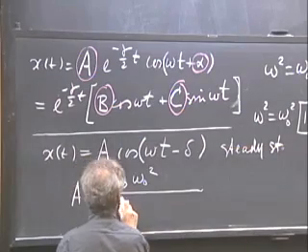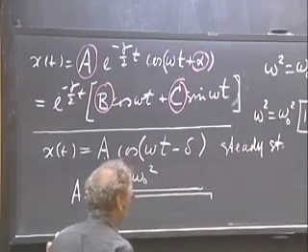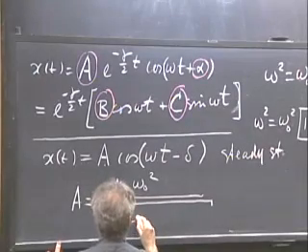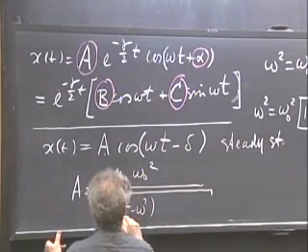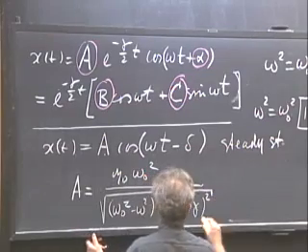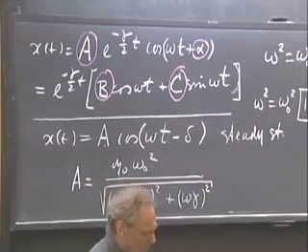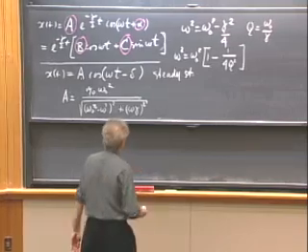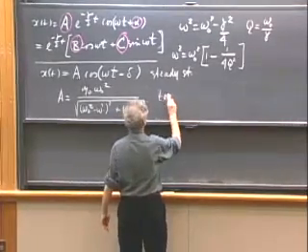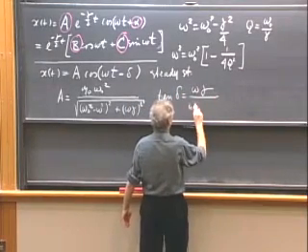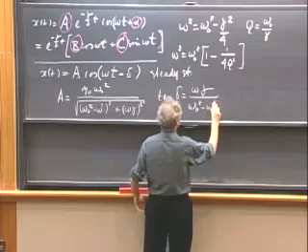And downstairs, I get the square root of omega 0 squared minus omega squared, plus omega gamma squared. And that is the amplitude as a function of omega, and the tangent of delta becomes omega gamma divided by omega 0 squared minus omega squared.